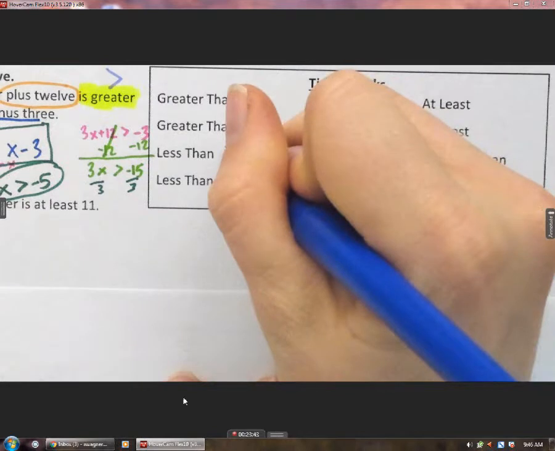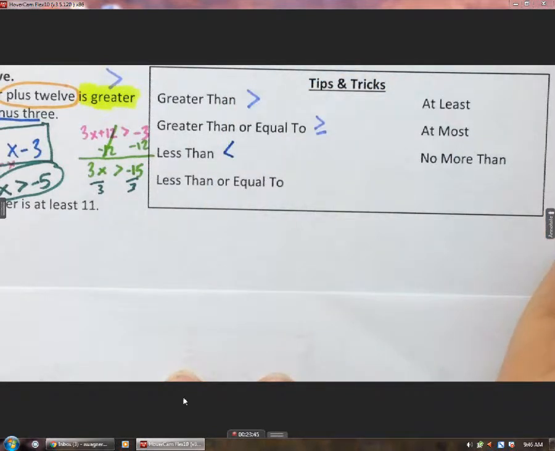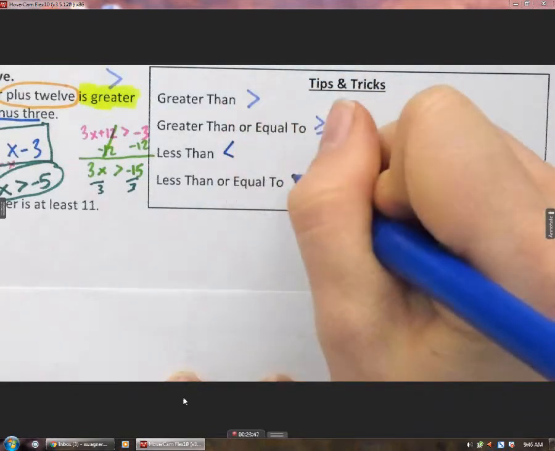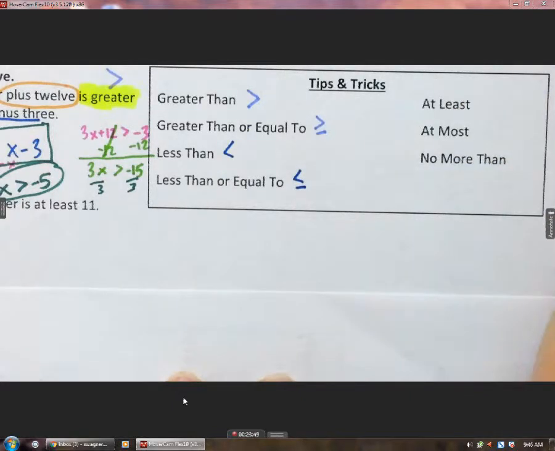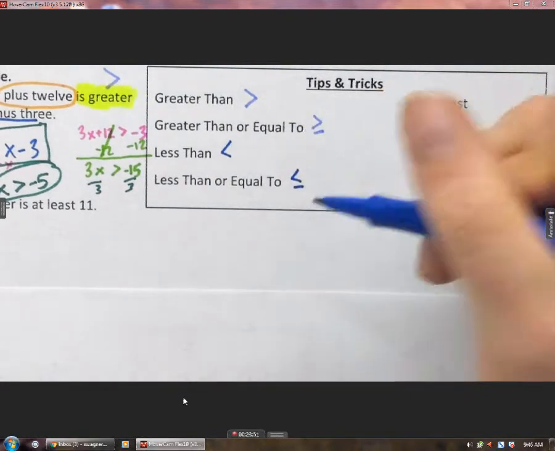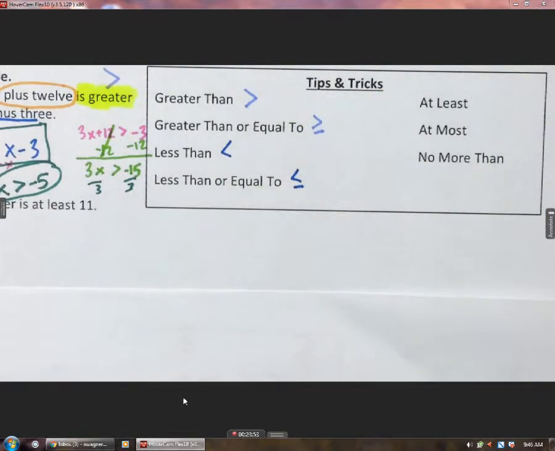Less than is flipped. Less than or equal to has a line under it. Those should be review. But then you have these words: at least, at most, and no more than.